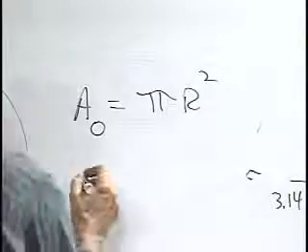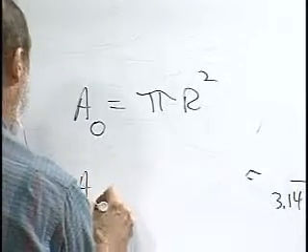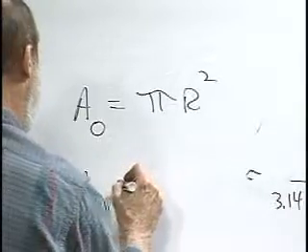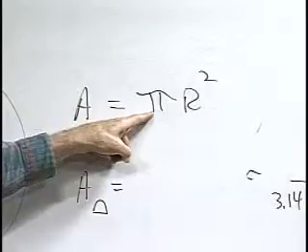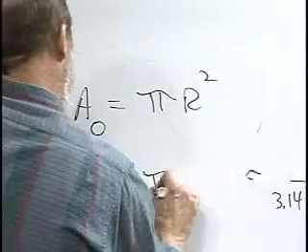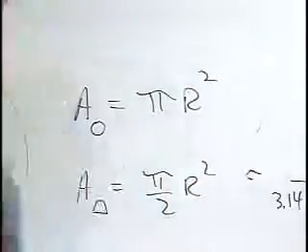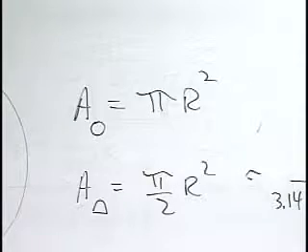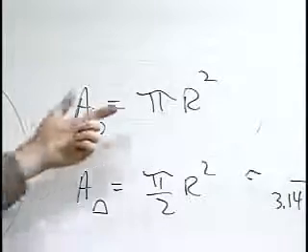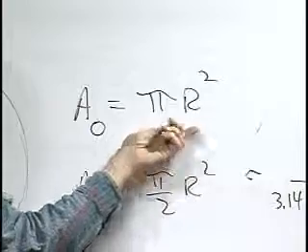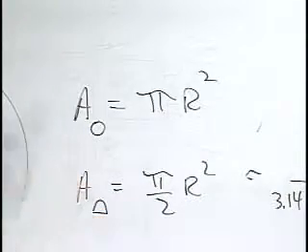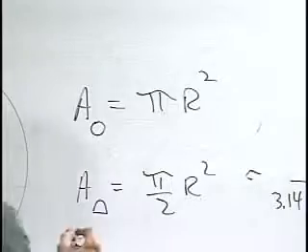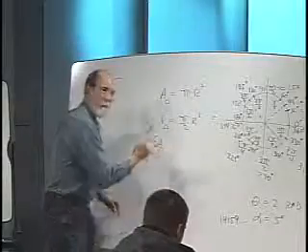Okay. Let's see. If I did just half a circle, area of half a circle, I'd take half of this, wouldn't I? Right? Everybody knows pi r squared. If I took half of that area, I'd have the upper half, say, or the bottom half of the circle, or the right half or left half. Okay. What if I did a quarter of a circle? What am I doing?